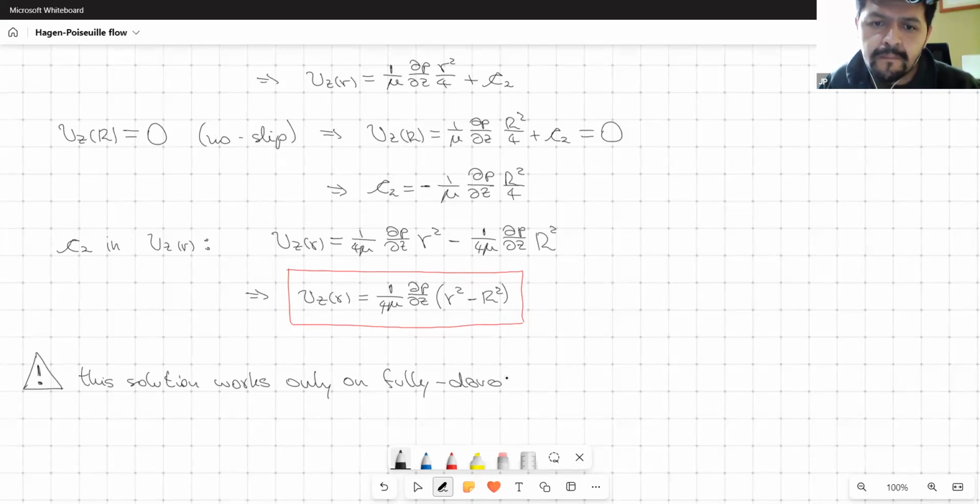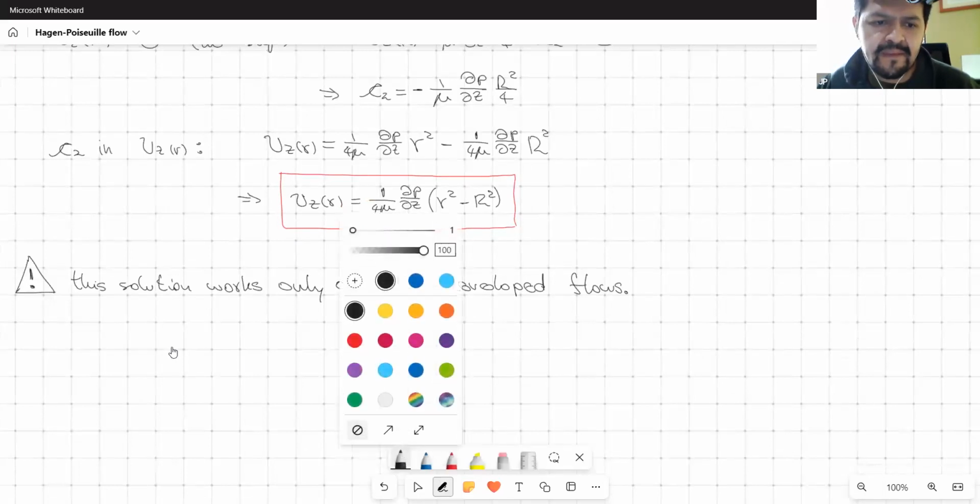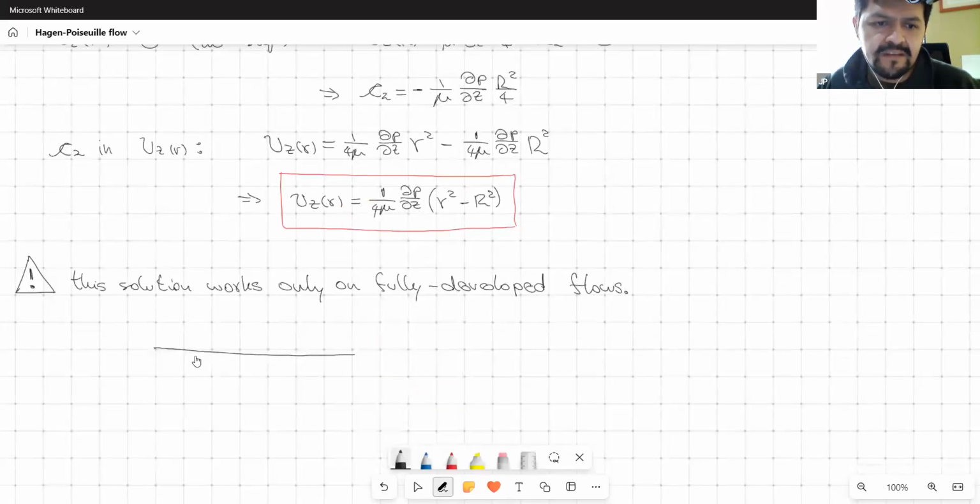Okay? So what this is saying is that this is the solution you'll ultimately see if this is a very, very long pipe. If you take into consideration a very long pipe like this, where at this point, in theory, the flow is at rest.